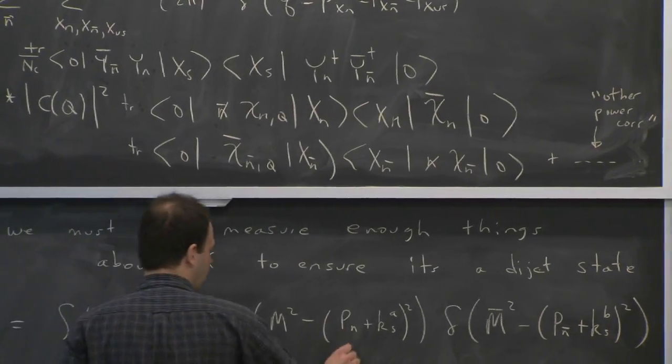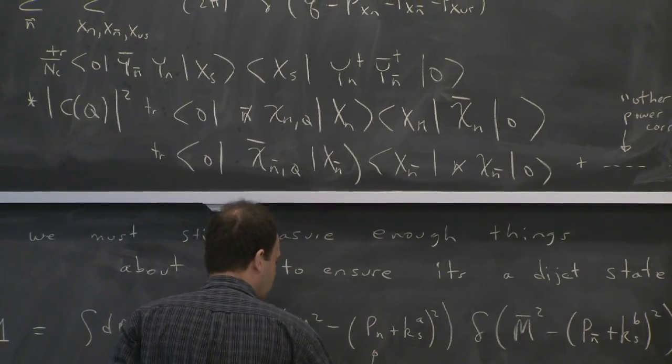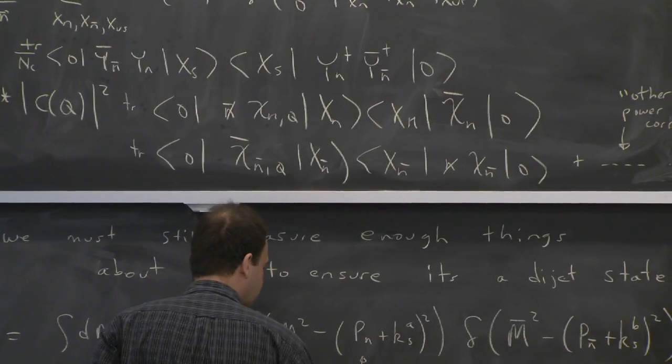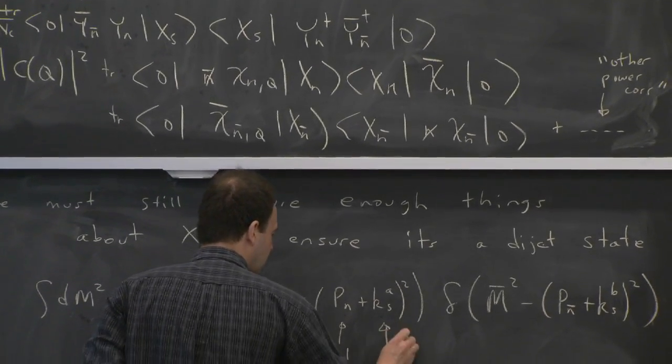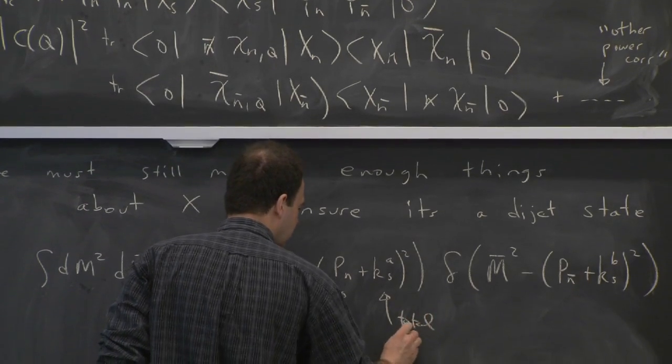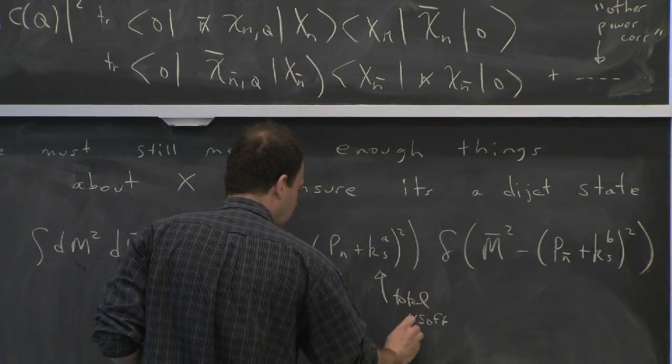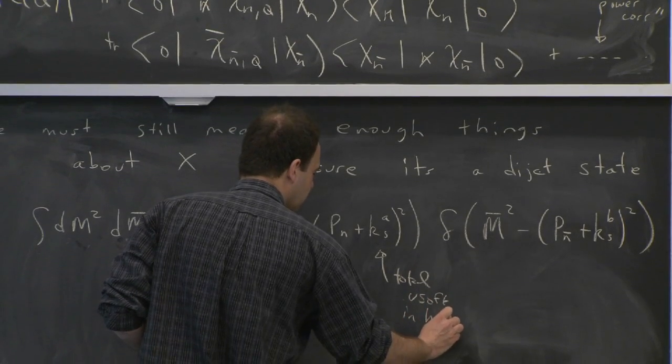So this is like a total n collinear momentum. And this is like the total ultrasoft in hemisphere A. That's what the A means.